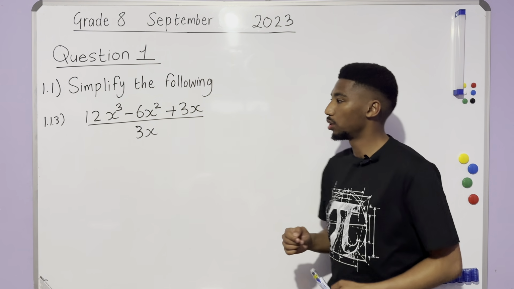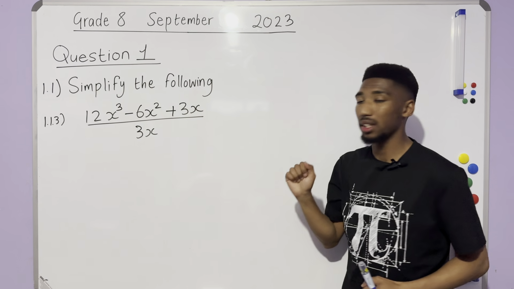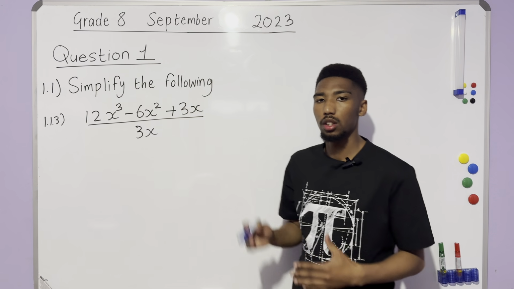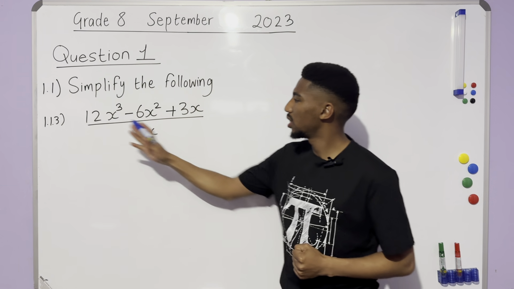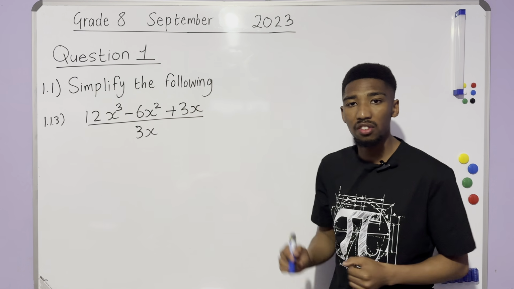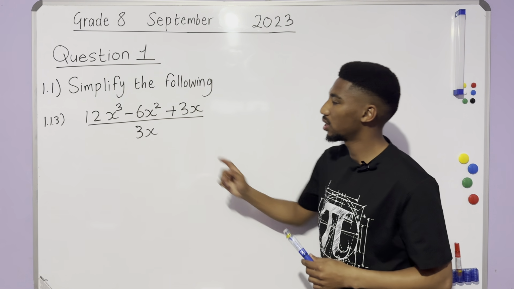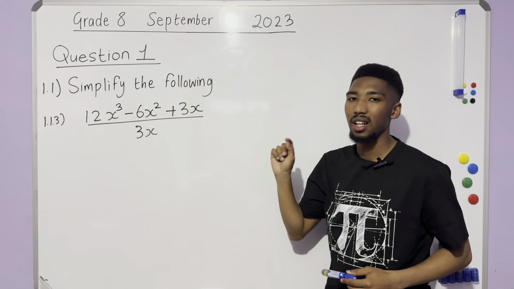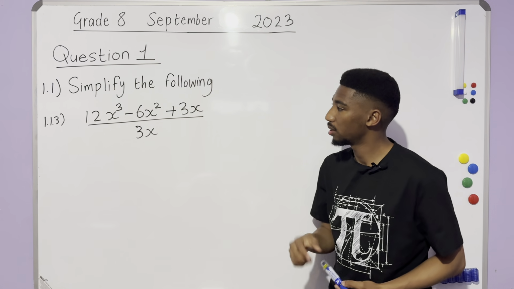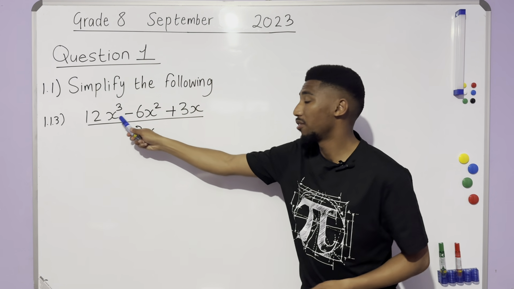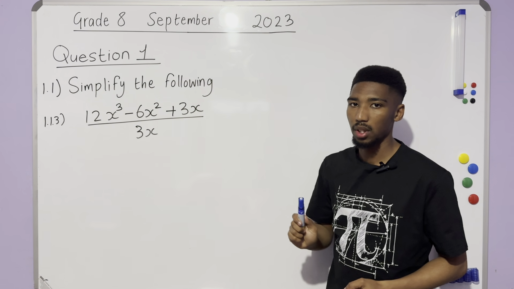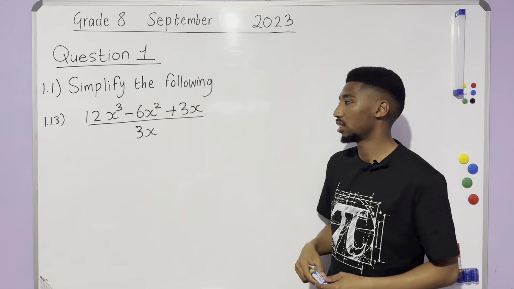In the next question, we have to simplify, but it's a fraction. So we can see that on the top of that fraction is 3 terms. However, before you can simplify that over there and subtract terms, ask yourself, are they like terms? The variables might be the same, but the exponents are different. Therefore, they are not like terms.